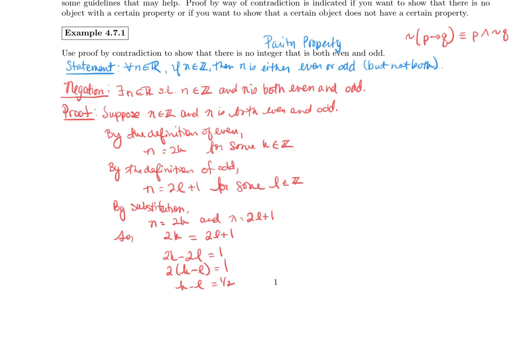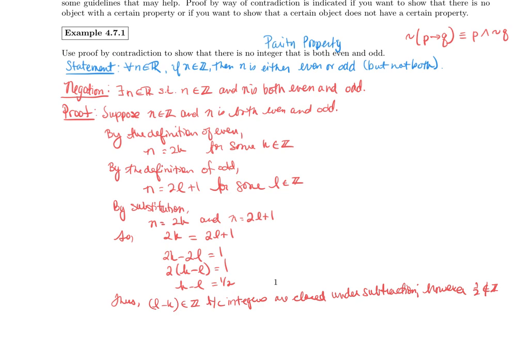So we would say, thus, l minus k is an integer because integers are closed under subtraction. However, 1/2 is not an integer.